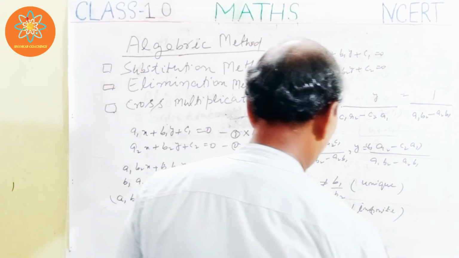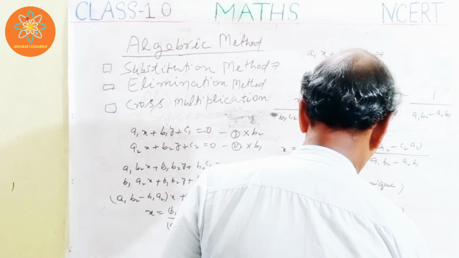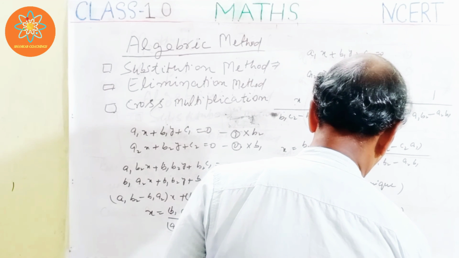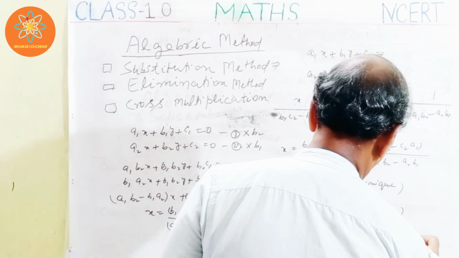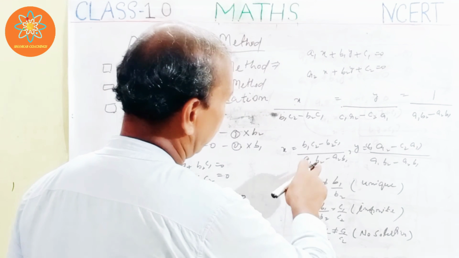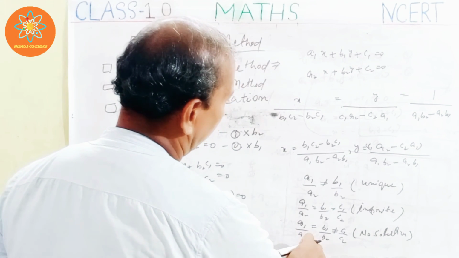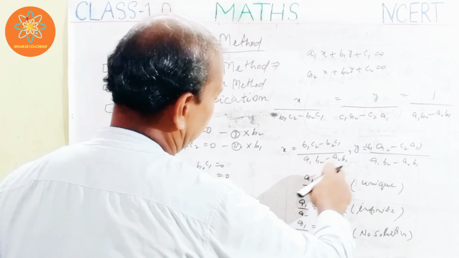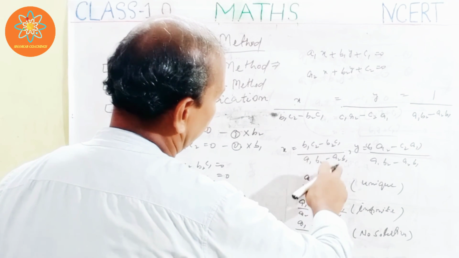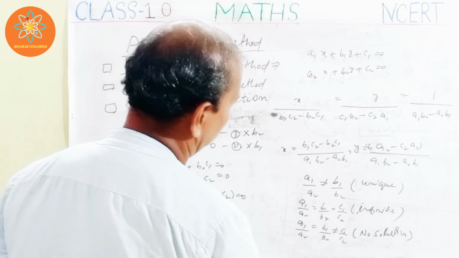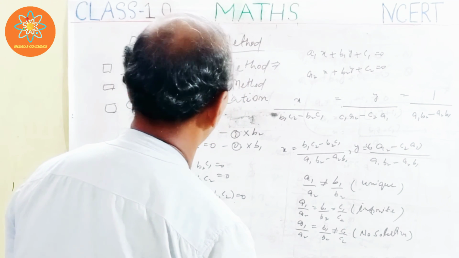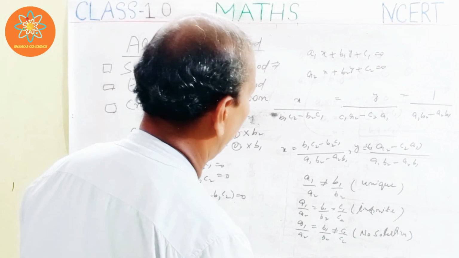It has no solution. Why? Suppose you are putting the value here, a1 by a2 is equal to b1 by b2. So in this case, this portion will be 0. So that means no solution will be there. So it is the cross multiplication method.